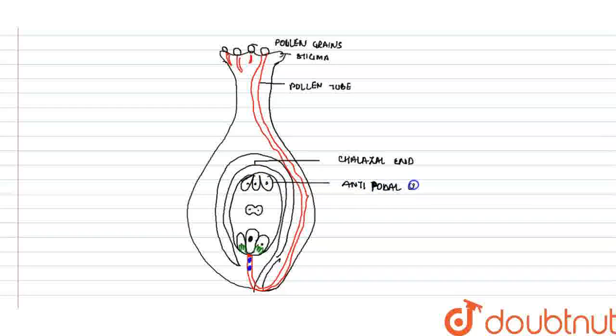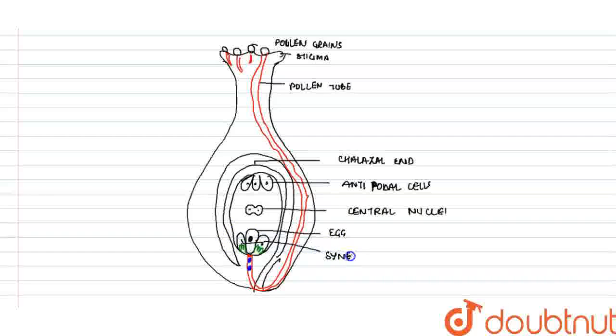All right, antipodal cells. In the middle of the ovule we have the two central nuclei, called the central nuclei or polar nuclei. All right, in between the two synergids we have the very important cell, that is the egg cell, and beside the egg cell we have two synergids.